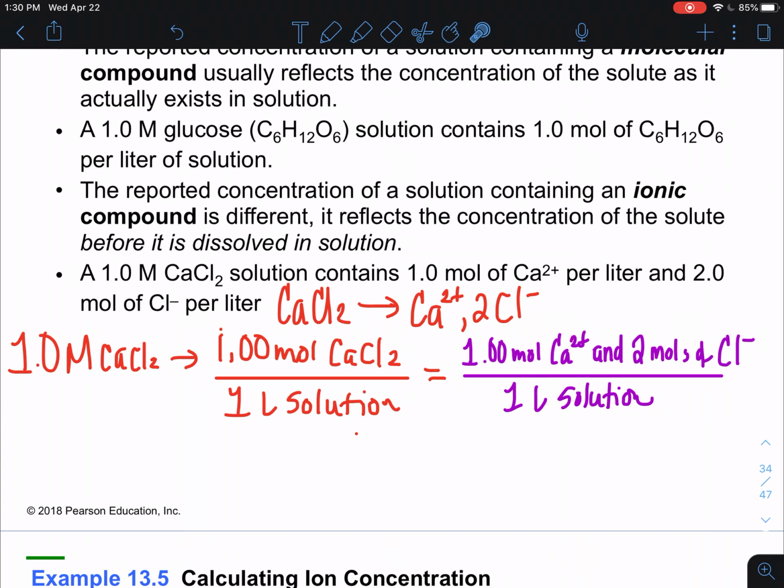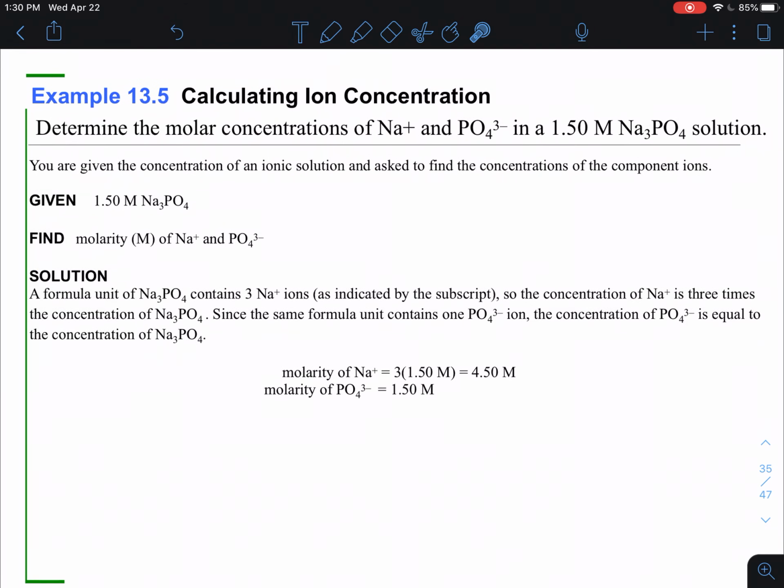If I asked you how many moles of calcium chloride is present, you would say 1 mole of calcium chloride. But again, it's the molarity of the ionic compound. When we reflect the molarity of the individual ions, we just look at the subscripts, how many of that respective ion are in that compound.